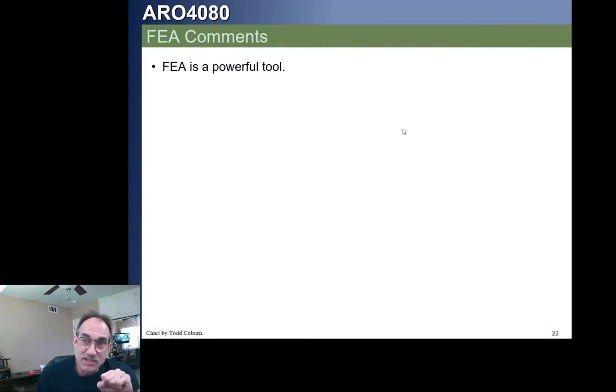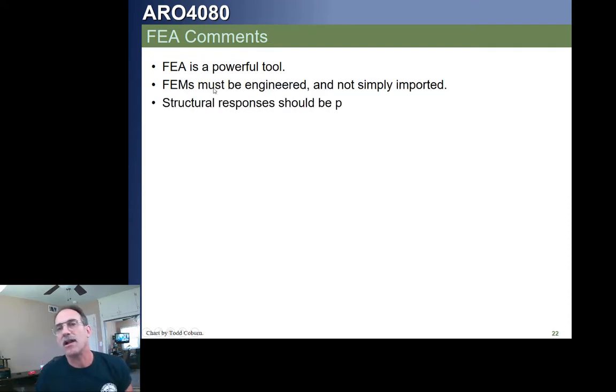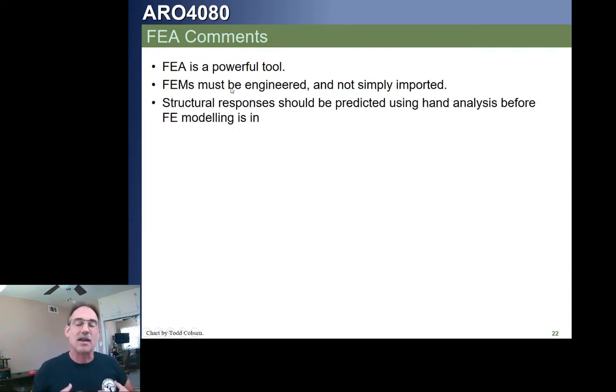So we see that finite elements is a powerful tool, and we have to be careful when we're making our finite element models. A lot of folks today tend to think, if you don't understand what the structure is doing, don't do a hand analysis, go and run a finite element model. Well, that's because they don't know much about hand analysis, and they don't know much about finite element models. In hand analysis, we make gross approximations. You've been learning that through the structures journey.